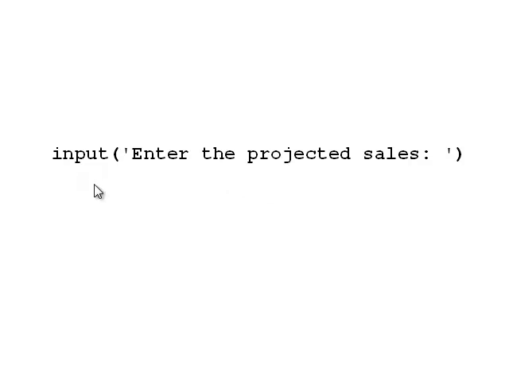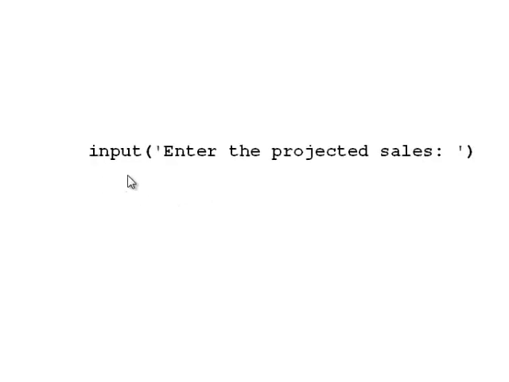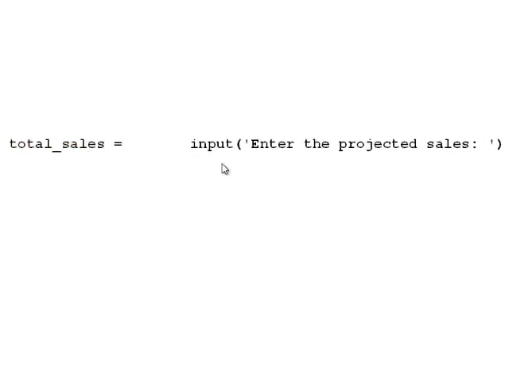So what are we going to do with that value? Well, we want to save it in memory, and the way that we do that is that we assign the value that is returned from the input function to a variable. Since the value that the user is entering is the total sales, let's name the variable total_sales. So the statement is going to look something like this.